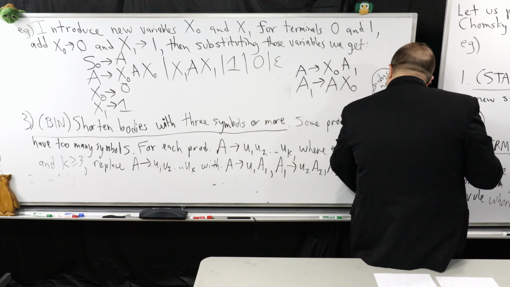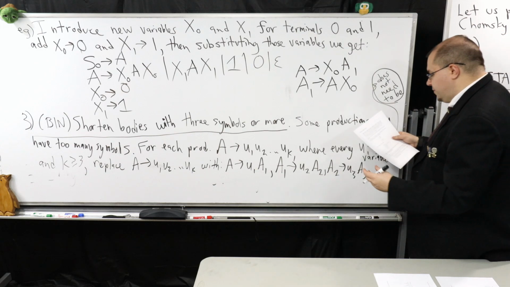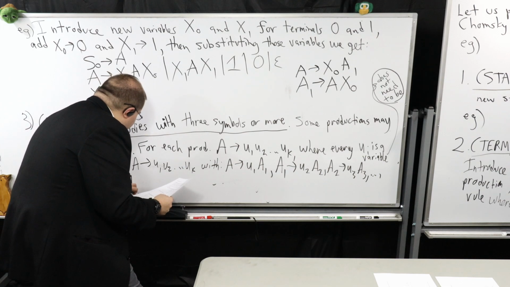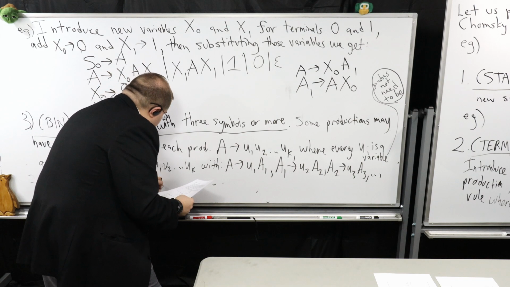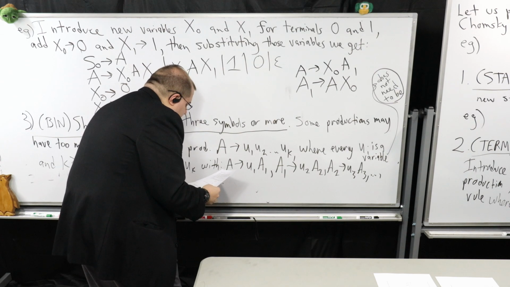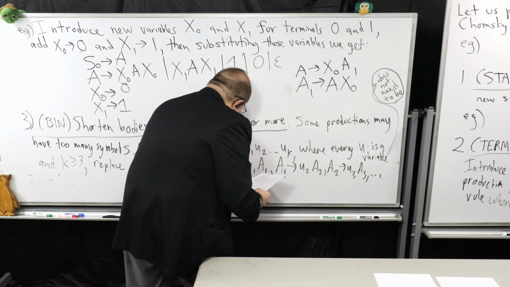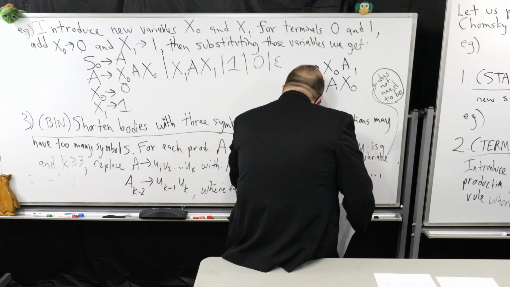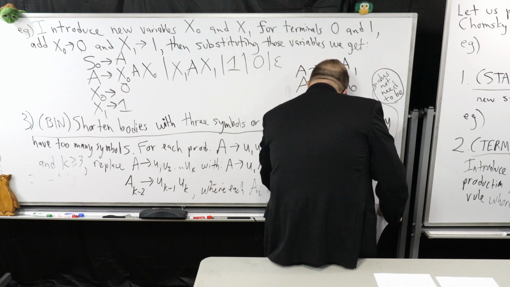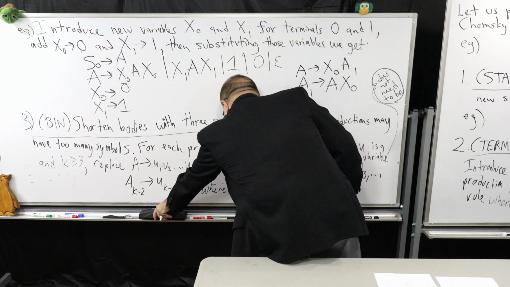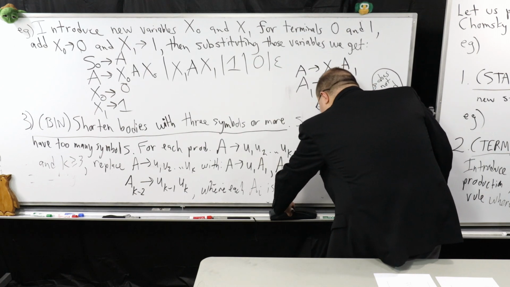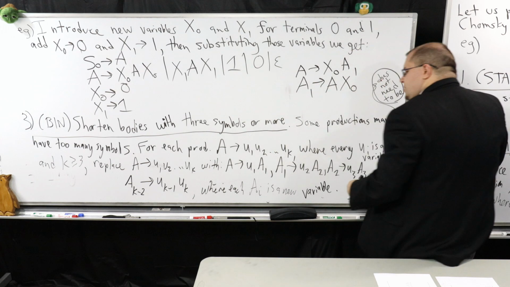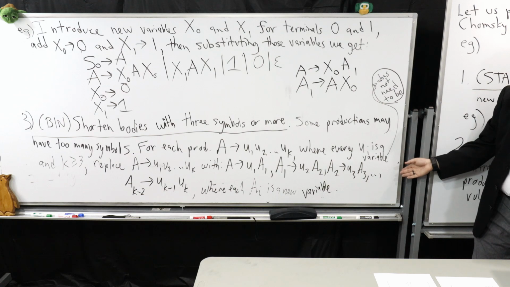And this process will keep going on and on until we have it long enough, such that the final one will be A sub K minus 2 produces U sub K minus 1, UK, where each Ai is a new variable. So you're going to end up with this whole chain of production rules.